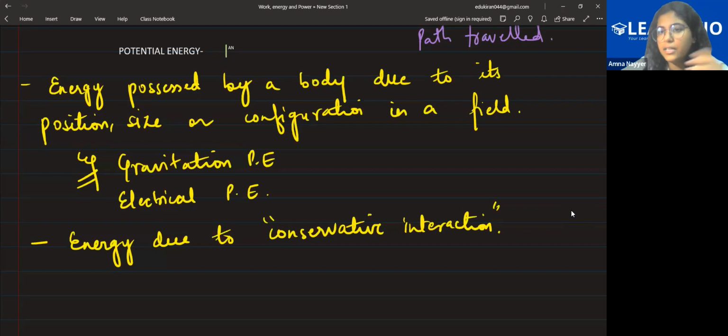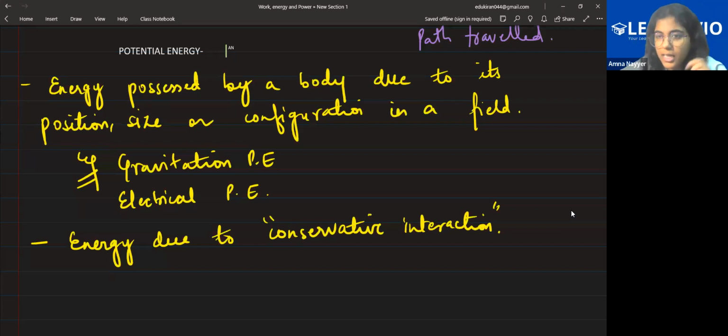Now, the general and old definition of potential energy says that it's the energy whenever there is a change in the body's configuration. It's written also: energy possessed by a body due to position, size, or configuration.